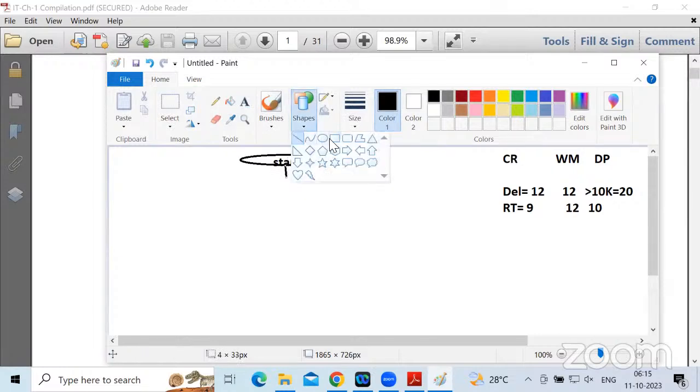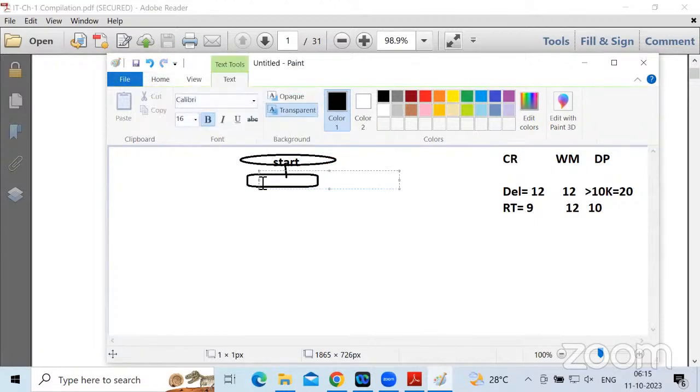After that, you have to give the input. So what is the input we are going to give? Rectangular indicates process, so let me use this shape. You have to give the input. First of all, you have to tell what are the products.